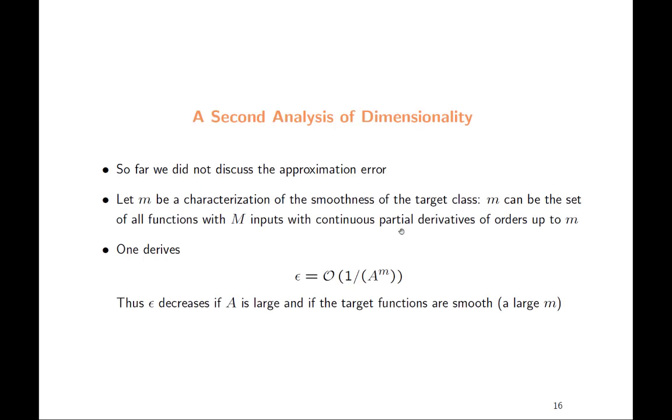In a second analysis of dimensionality, we say the approximation error, if we just change these equations, epsilon is on the order of 1 over a to the power of s. The class is the set of all functions with m inputs with continuous partial derivatives up to order s. So s tells us a little bit about the smoothness of the functions in the target class.